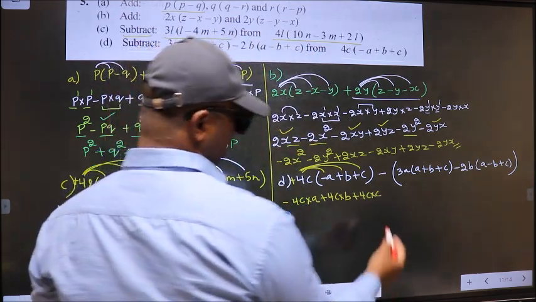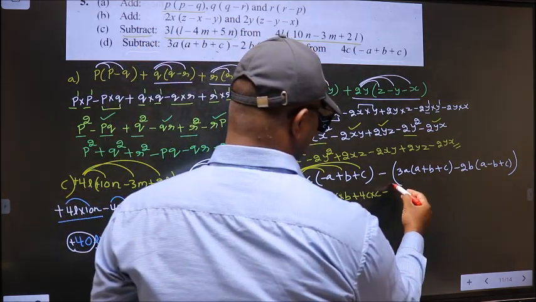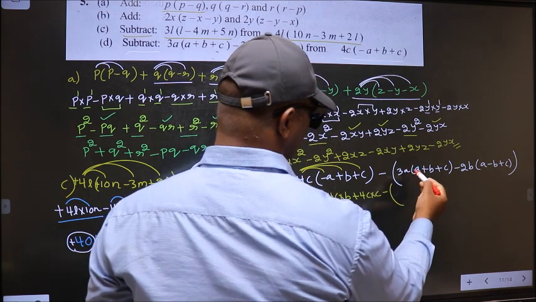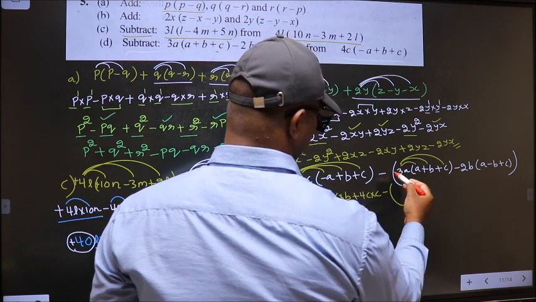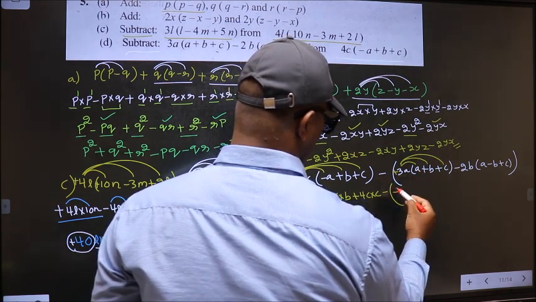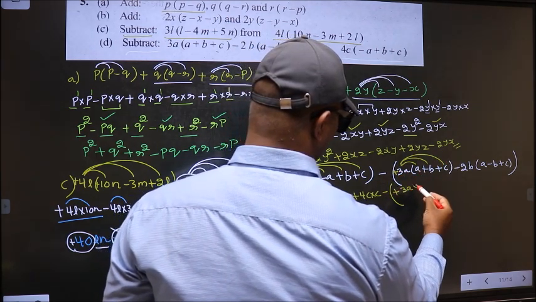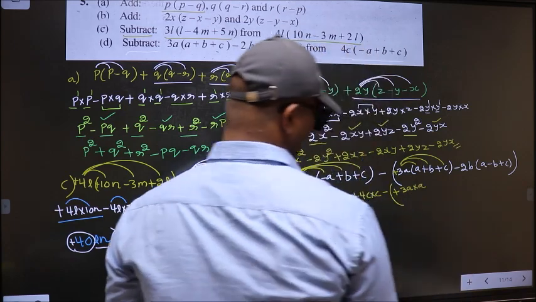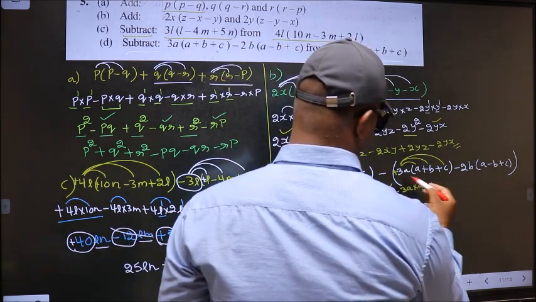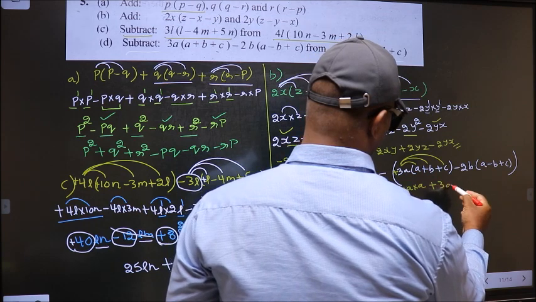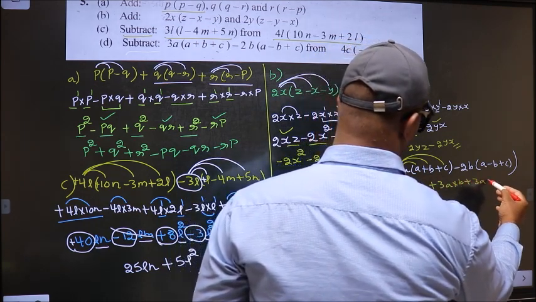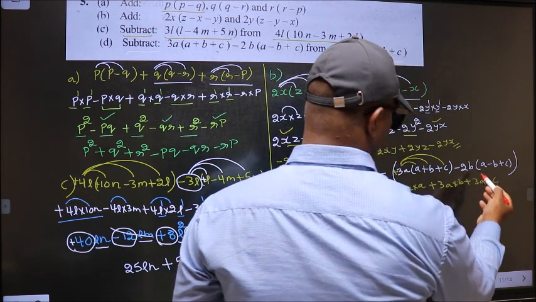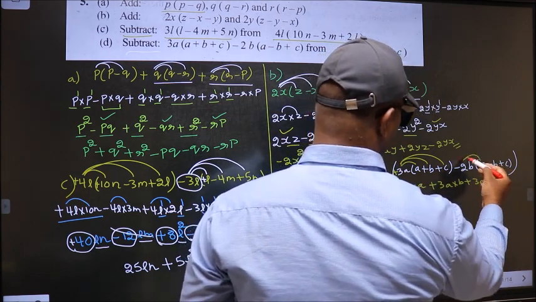Now let us place negative sign as it is. Inside the brackets, let us remove this bracket in this way. So here it is plus into plus 3A into A, plus 3A into B, plus into plus 3A into C. Now here also let us open up the brackets in this way.